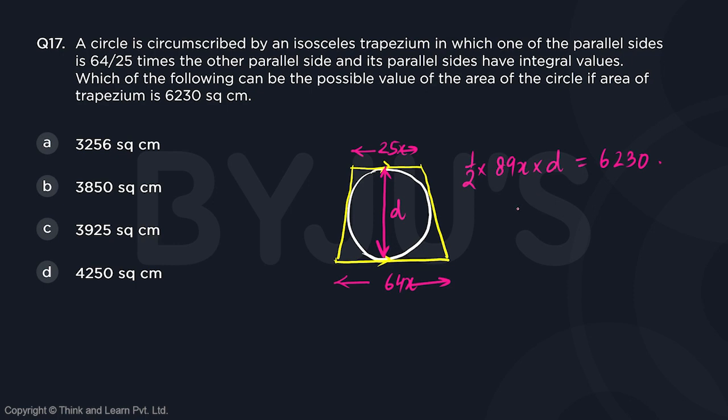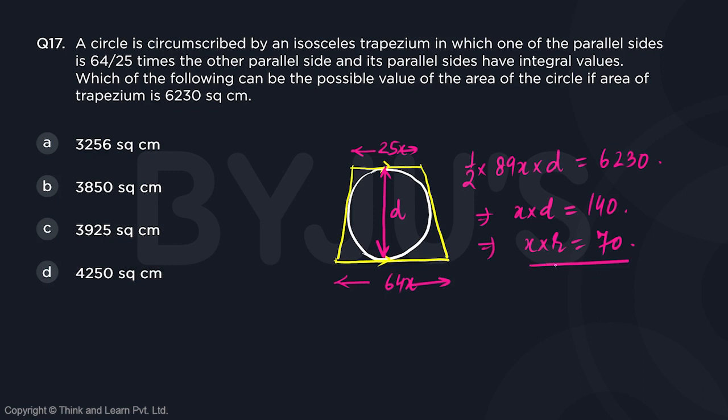If we solve this, we will get x into d as 6230 divided by 89, and this is going to give us 140.